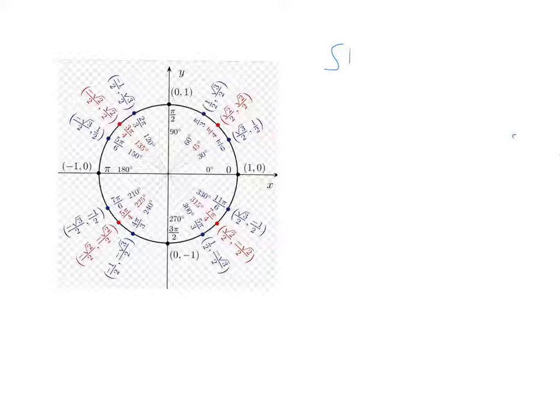Now I'm going to illustrate whether sine and cosine functions are even and odd. I'm going to show you how we determine that by looking at the unit circle. So here's the unit circle. Say I give you sine of negative x or negative theta, whatever. That means instead of going in this direction, you would go in this direction.